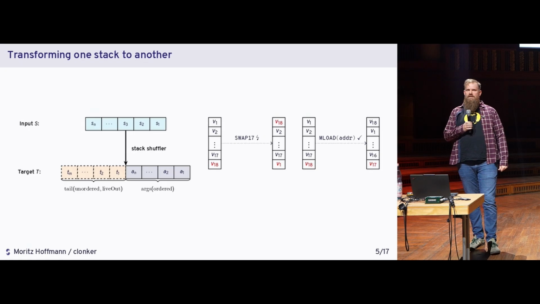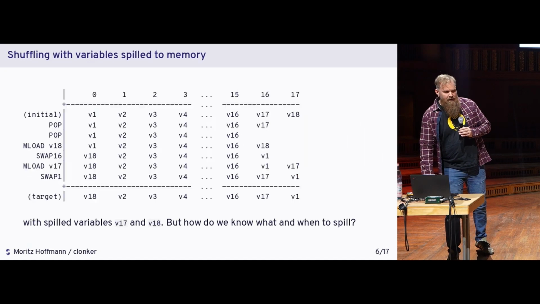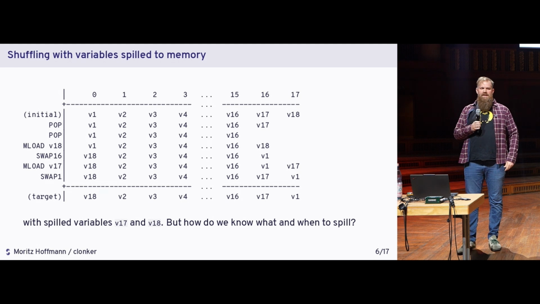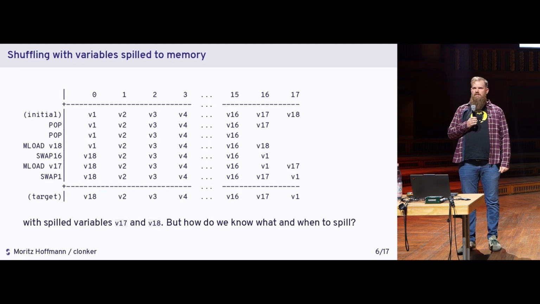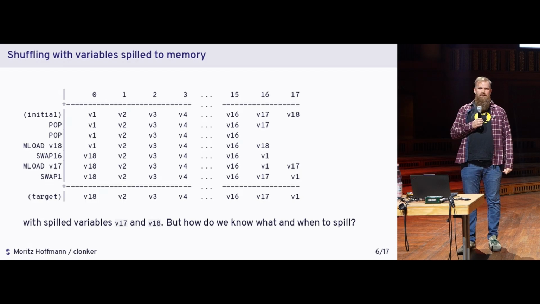And the idea of memory spilling is then, let's park a few of these symbolic values in memory at specific addresses, so we can, in fact, remove them from the stack, so we can work around this limitation of only being able to swap around the top 17 elements of the EVM stack. So here is this example explained if we did have memory spilling.